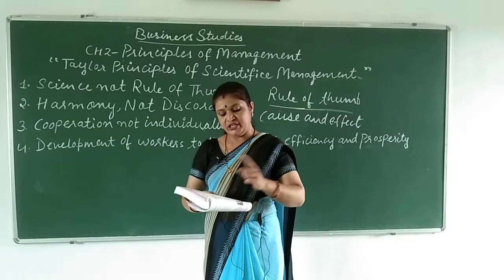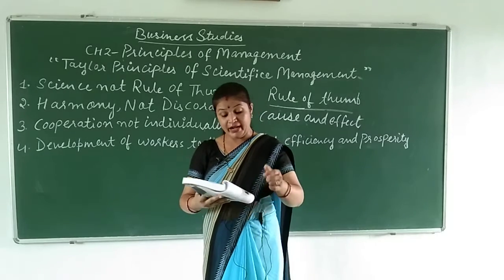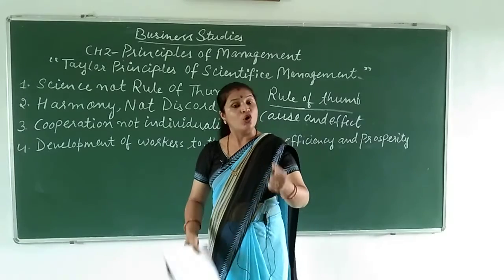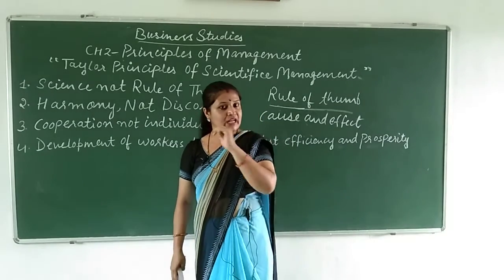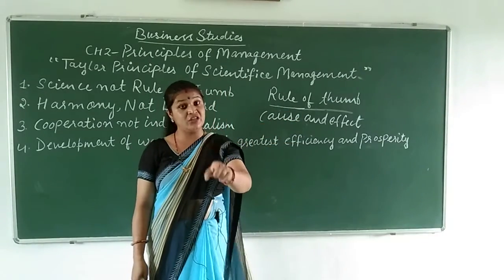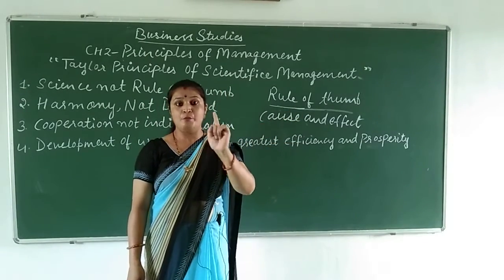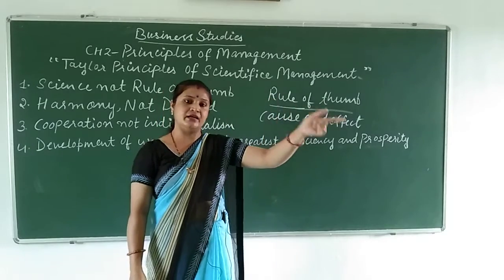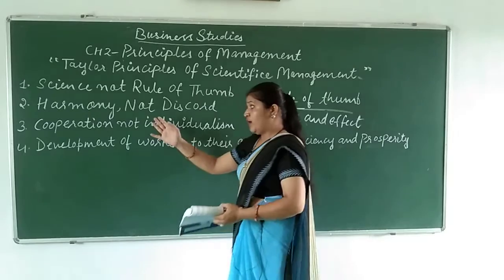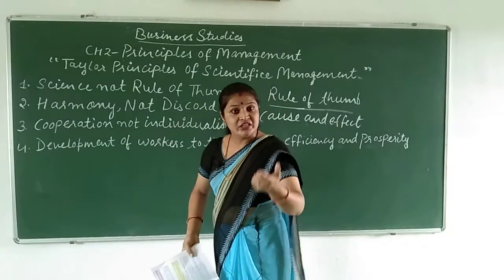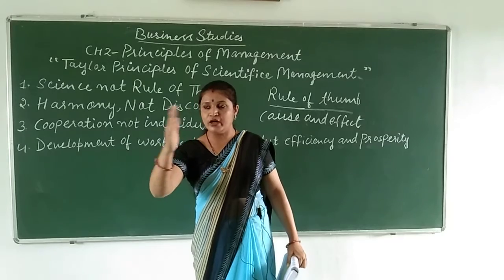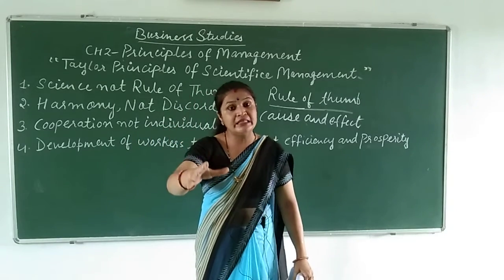Rule of thumb means dictatorship of managers, whereas scientific management is based on cause and effect. Rule of thumb is based on the manager's dictatorship: whatever the manager says, they will do only that. But scientific decisions are based on cause and effect: what is the cause and what will be the effect.